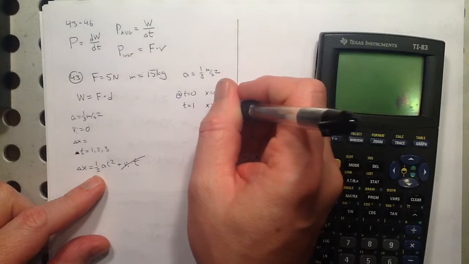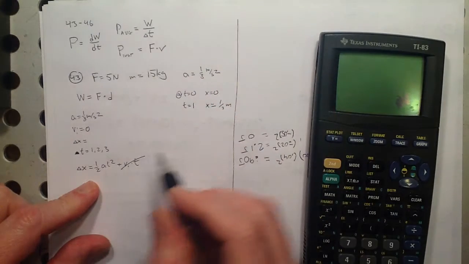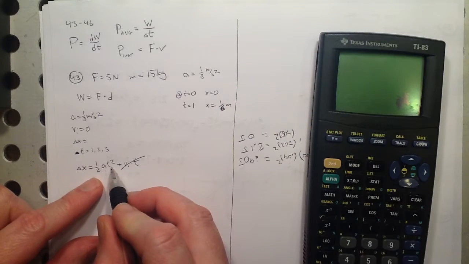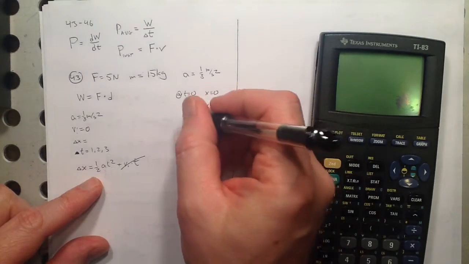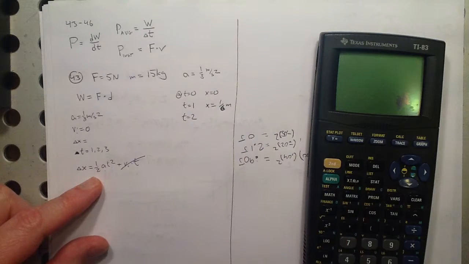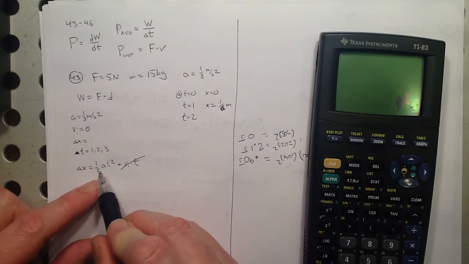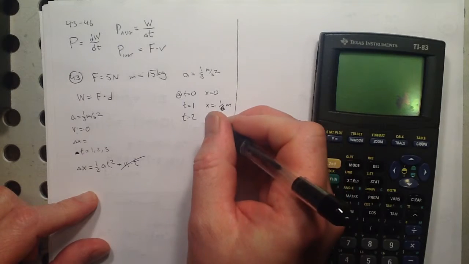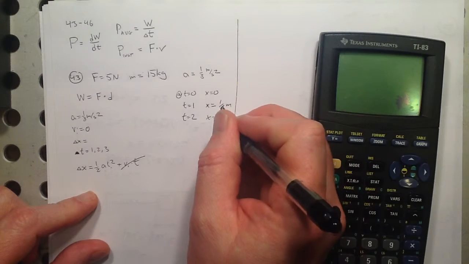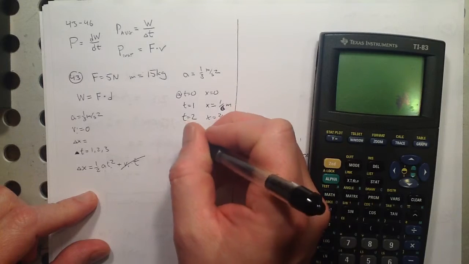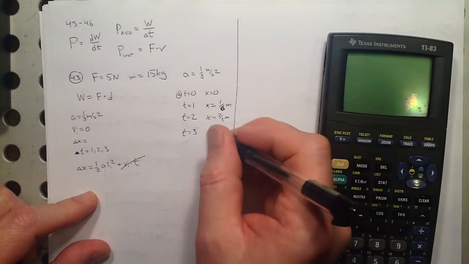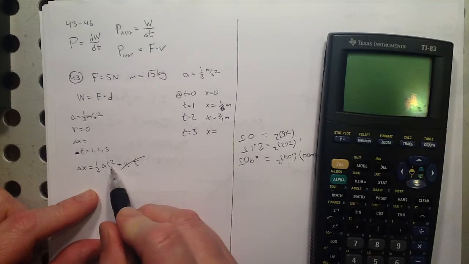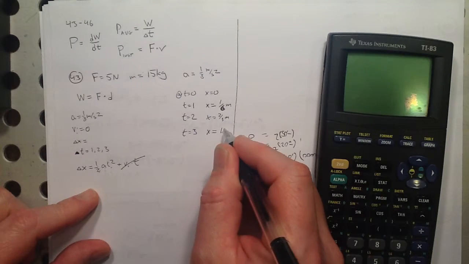So here it's going to be 1/6 of a meter, 1/2 times the acceleration times t squared when t is 1. When t is 2, I'll plug that in: 1/6 times 2 squared, so that would be 4/6 or 2/3 of a meter. And at time 3, that'd be 1/6 times 3 squared, it's 9, that's 1.5 meters.